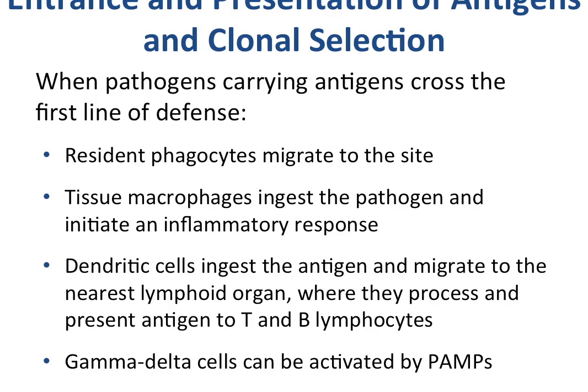Those cells would be the macrophages. And even the B cells can also work as antigen presentation cells. Once the macrophage digests the pathogens, it can degrade them, get small pieces of antigen, and then deliver the antigen to the lymphocytes.